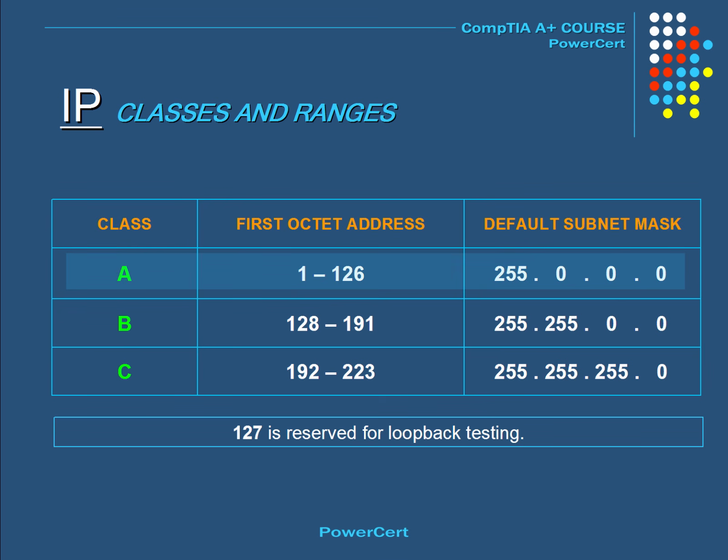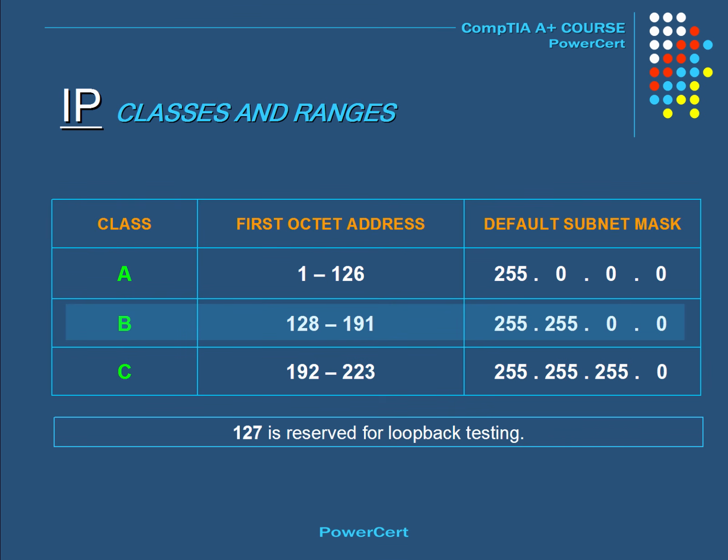So a Class A IP range is from 1 to 126. This class supports 16 million hosts on 126 networks. So this class is mainly given to large organizations because of the tremendous amount of IP addresses it can give out.